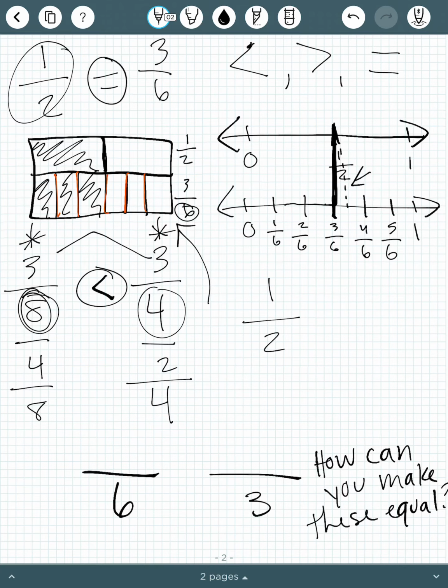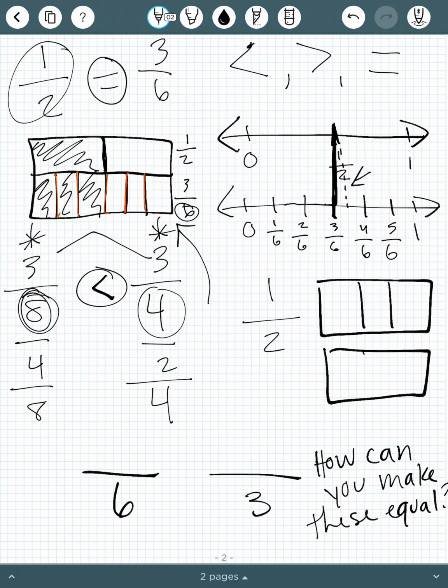So then they would have to brainstorm and show me what makes these equal. So with the thirds and the 6, they could draw a picture with thirds and then again with 6, making sure that those are lined up. So then we could say, okay, if I shade 1/3, that is equal to me shading 2/6. So then them generating those equivalent fractions. So then we would know those are equal.